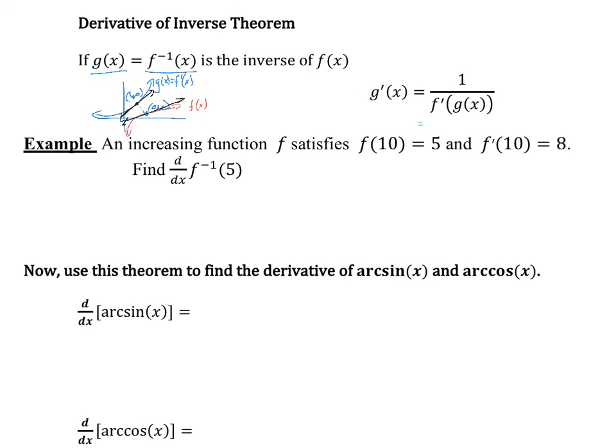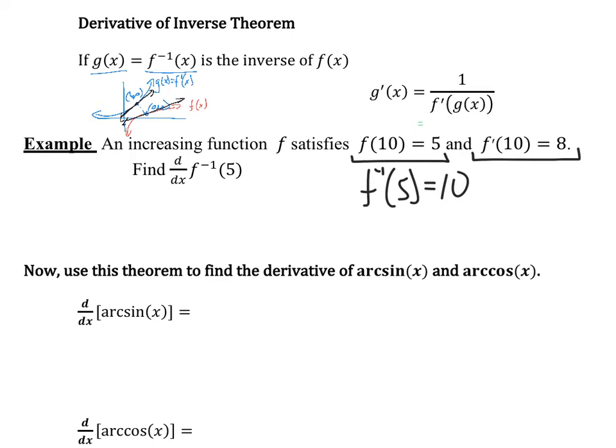So the way it works is this. If we have a function f, and we know that f of 10 is 5, that means that f inverse of 5 is 10. Okay, we also know the derivative of f. Well, how do we find the derivative of the inverse at 5?